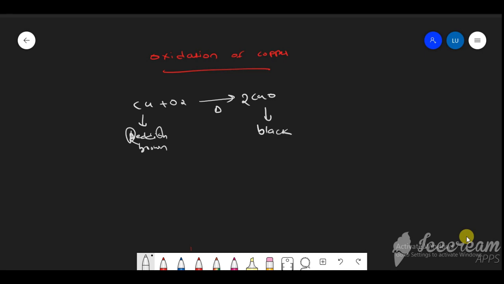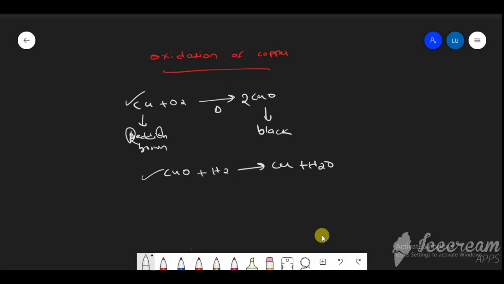So here, when we pass some hydrogen over this black copper oxide, which is actually black in color, it is converted into copper plus H2O. So here this reaction is an oxidation reaction, and here this one is a reduction reaction.